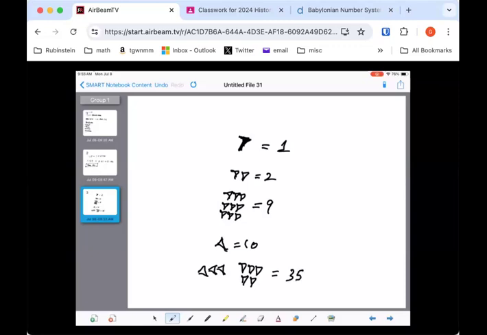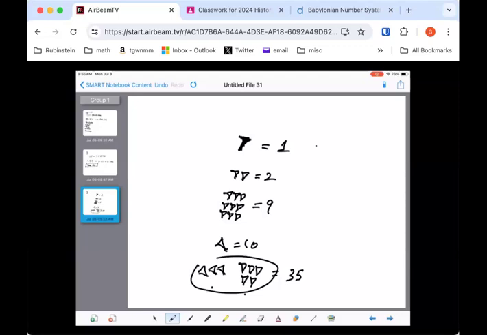But I do want to show you that they would write their numbers like the number 35 would be 3 of the 10s and 5 of the 1s. So you might look at that and say, well, isn't that base 10? This is like the 10s place and this is the 1s place. And in a sense, yes, there is a little bit of a base 10 thing going on. So where is this base 60 coming from? Well, we're not going to have to make all these symbols.